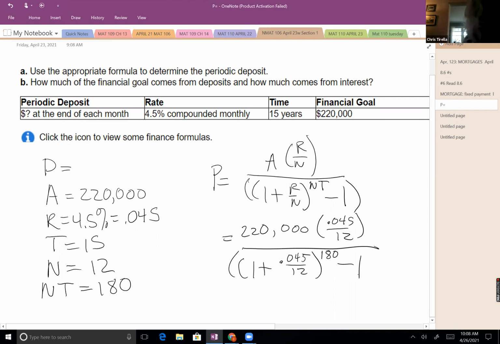And now frantically searching for my calculator. When I type that in, I'm typing 220,000 times parentheses 0.045 divided by 12, close parentheses, divided by, open, 1 plus 0.045 divided by 12, close parentheses, caret up 180, arrow out of there, minus 1, close parentheses.